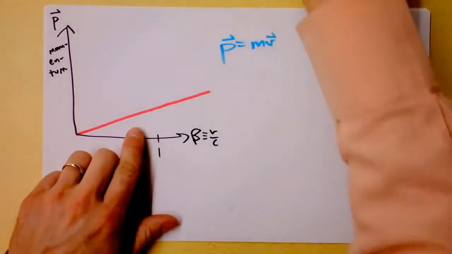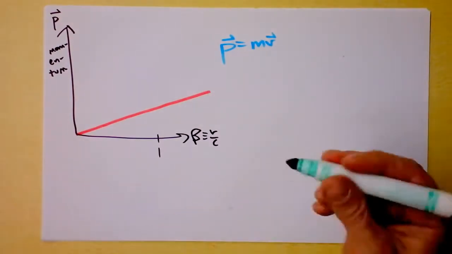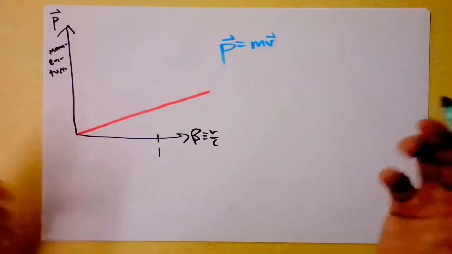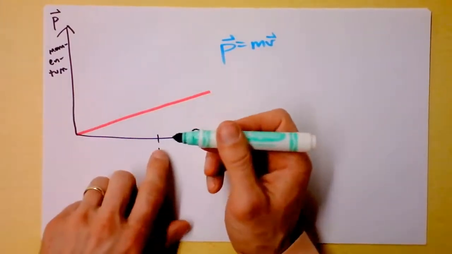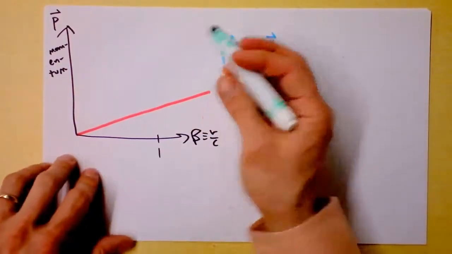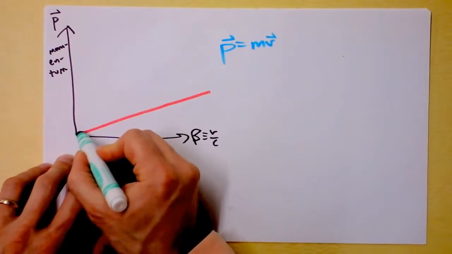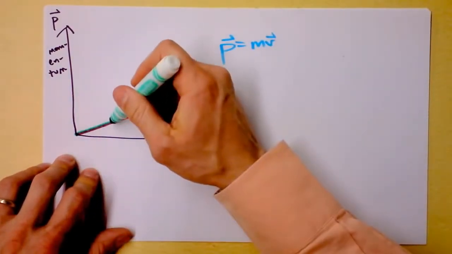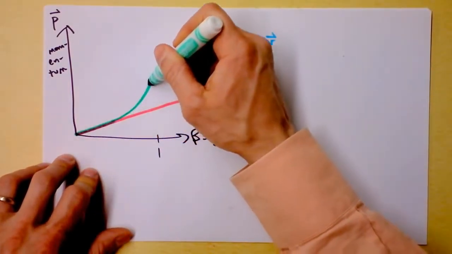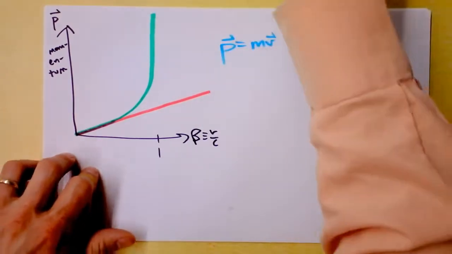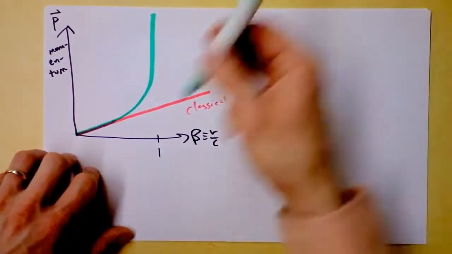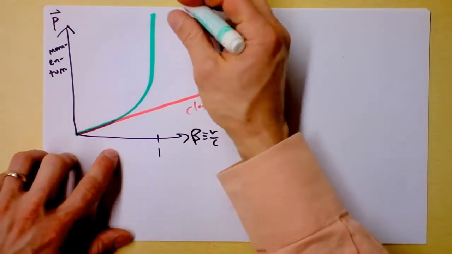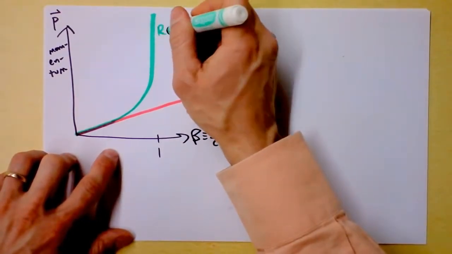It turns out that the relativistic solution right here says you can't get faster than that. In fact, your momentum will continue to increase even though your speed's not increasing much. And we get this behavior right here. This is, again, the classical prediction. And as we get closer and closer to the speed of light, relativistic effects become more and more significant.